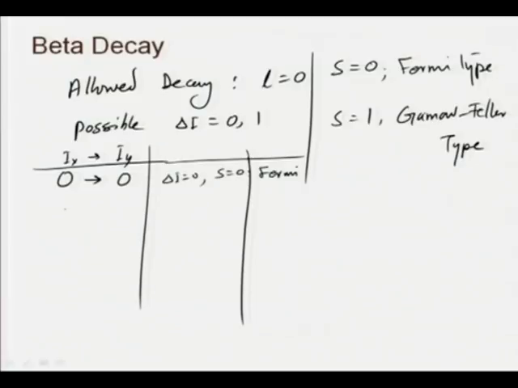And if it is say 0 to 1 kind of a transition, then delta I is equal to 1, S is equal to either 0 or 1. Okay. So, it is delta S is equal to and that will be a mixed type.